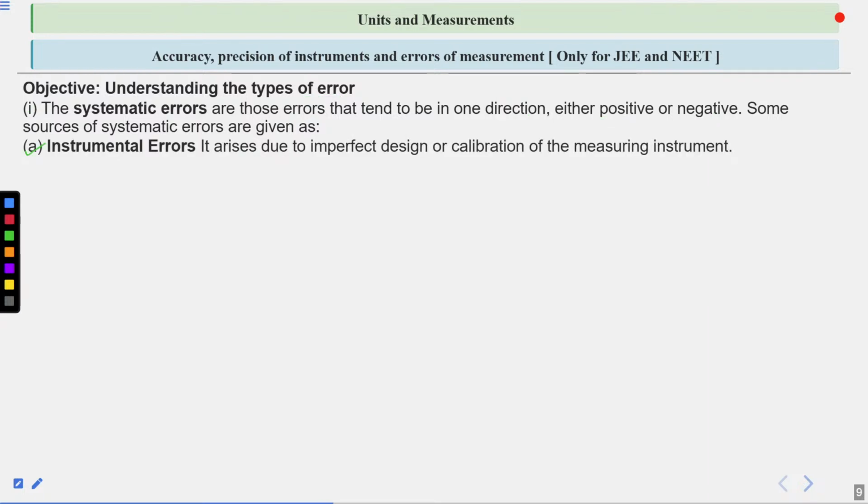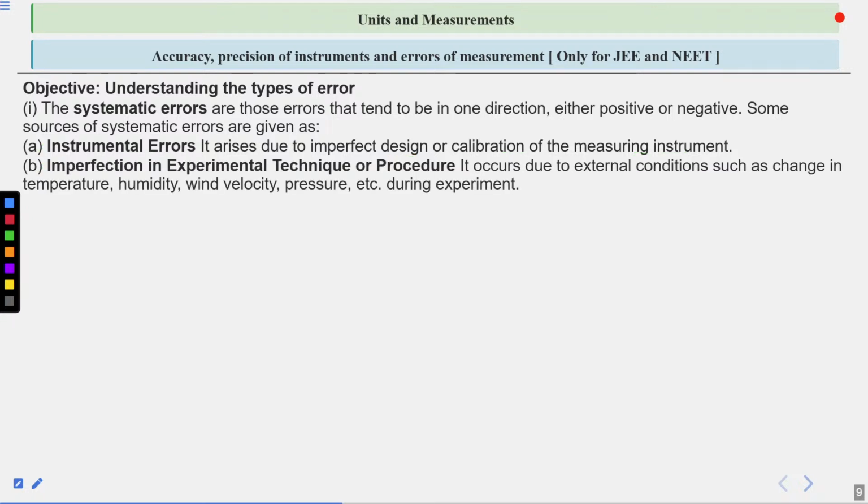Some sources of systematic errors are given as follows. First is instrumental errors. Instrumental errors arise due to imperfect design or calibration of the measuring instrument. Second is imperfection in experimental technique or procedure.